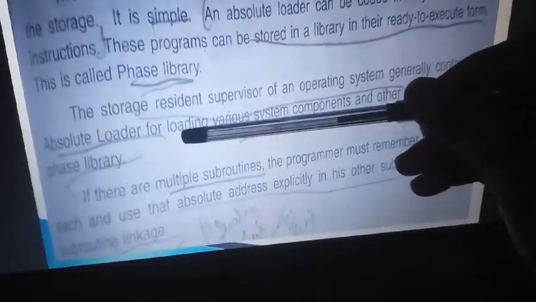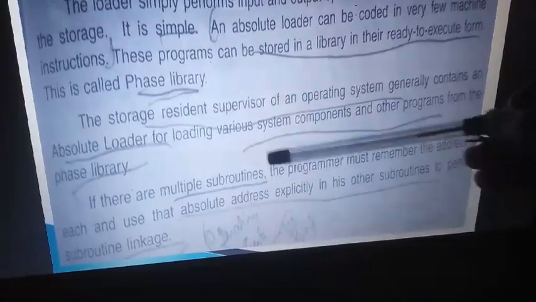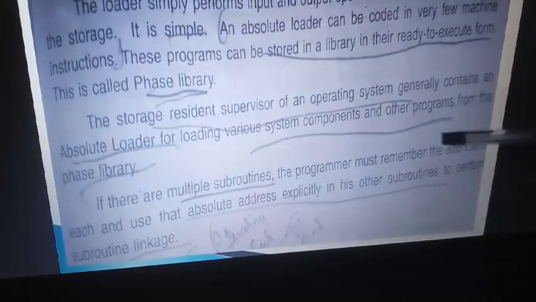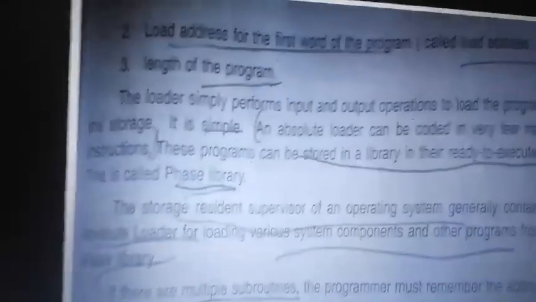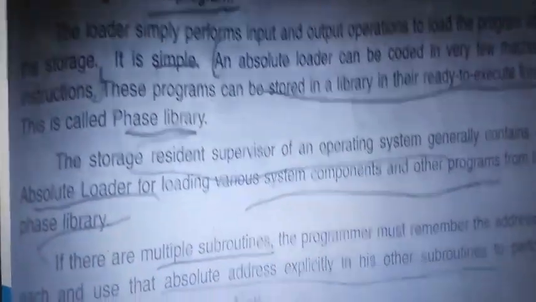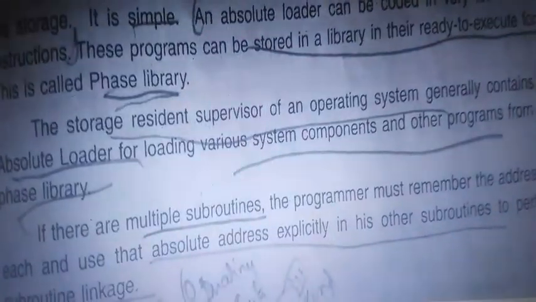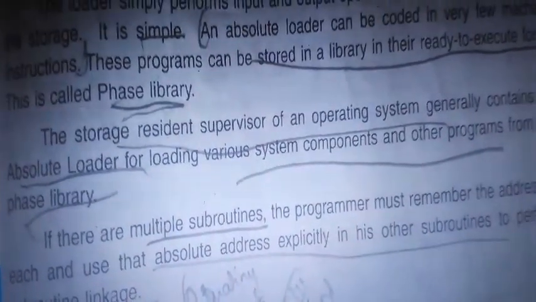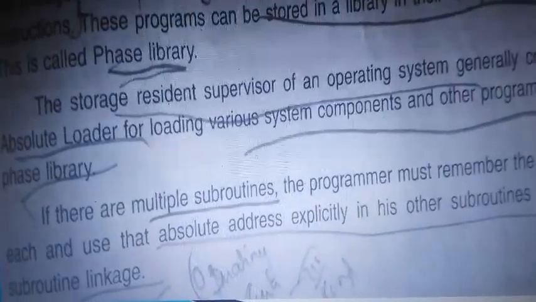But whenever you go for the absolute loader, if there are multiple subprograms, then it is necessary to know all the subprogram addresses. We used to remember that start 400, start 100 and square root 400 examples are done in absolute loader. We need to remember all the addresses of a subroutine.